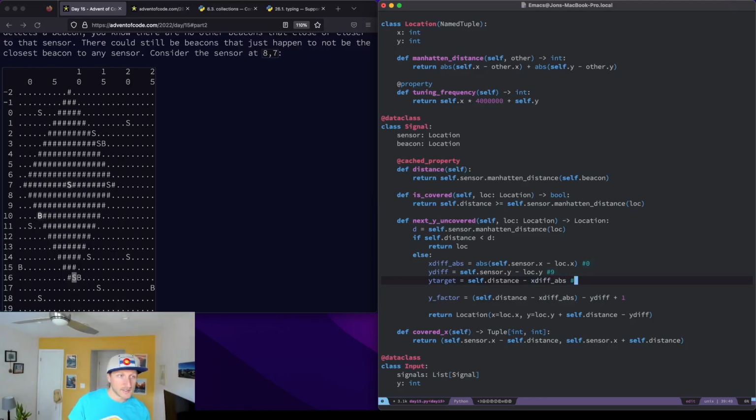In this case, the y diff here is going to be 8 and the x diff is going to be 1, or actually -8. And then 9 minus 1 is going to be 8. And then we're going to have y target minus y diff plus 1. Okay, so that's what we want to put in here.